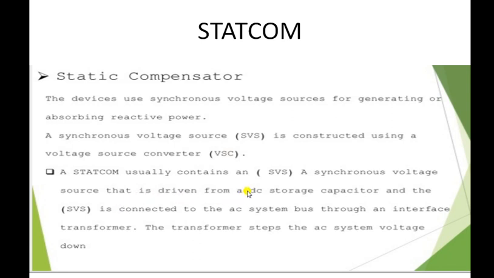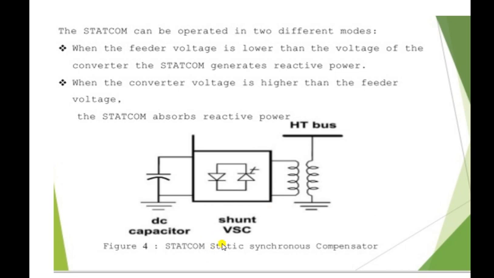The STATCOM usually contains a synchronous voltage source that is driven from a DC storage capacitor, and it is connected to the AC system bus through an interface transformer. The transformer steps the AC system voltage down. This is the figure where we have shown how the STATCOM can be connected into the line or into our power system.